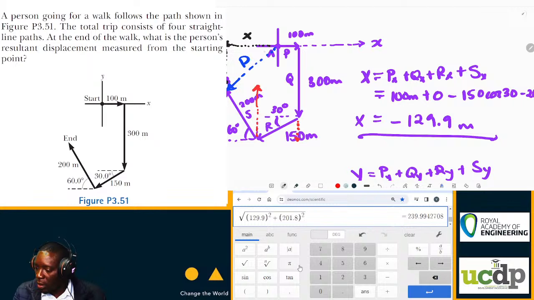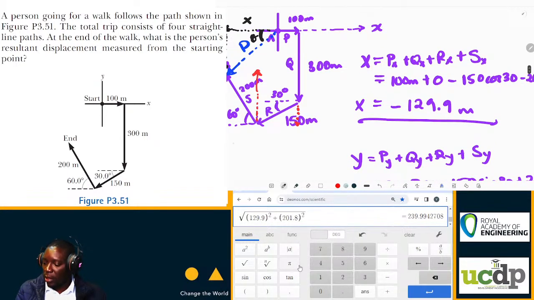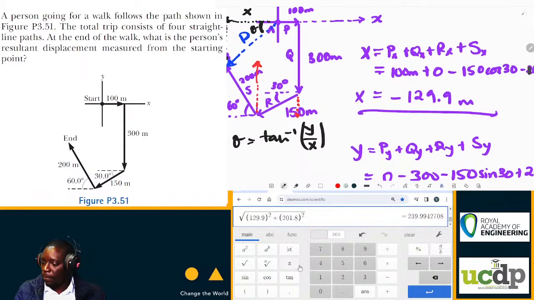This is y, and our angle there is below the horizontal. So theta is arctan y over x.